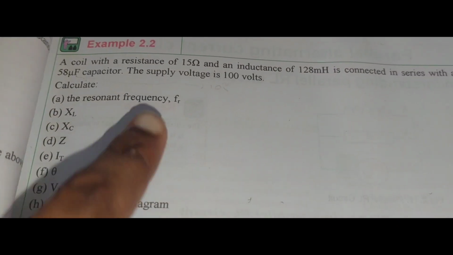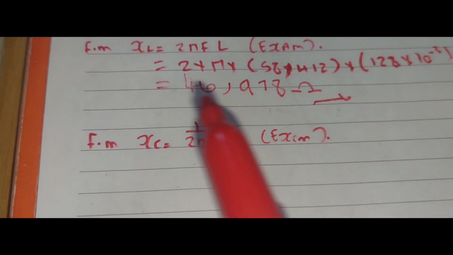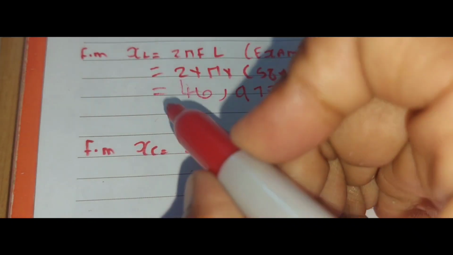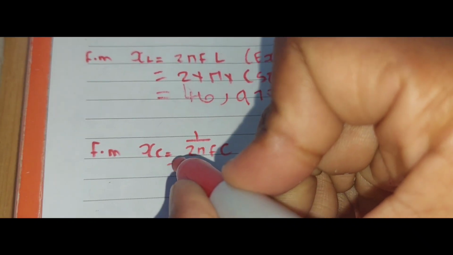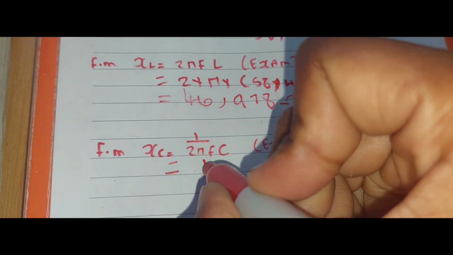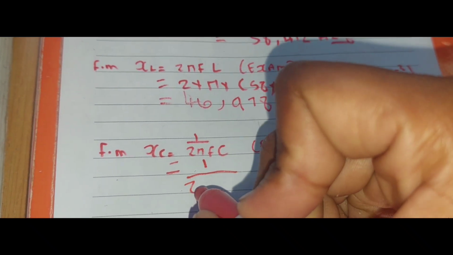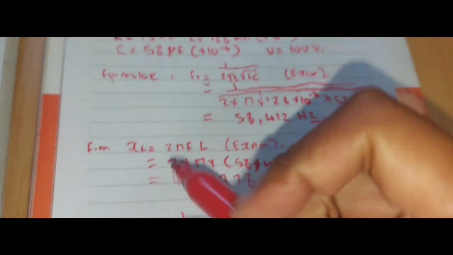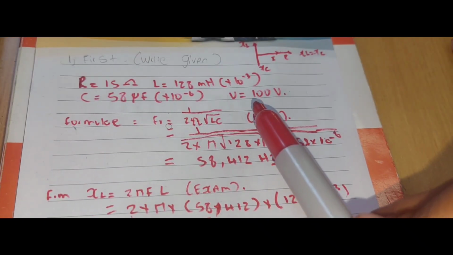And now the capacitor reactance, in which that is the formula, you will get it in your exam questions. It's 1 over 2 times pi times the frequency, which we're given.